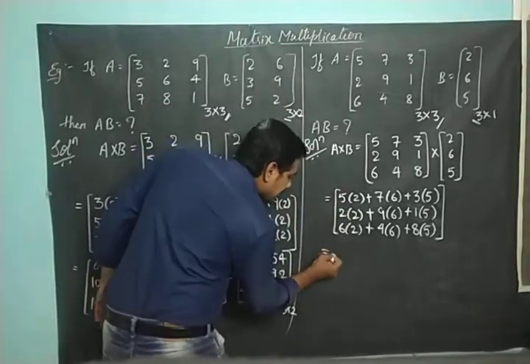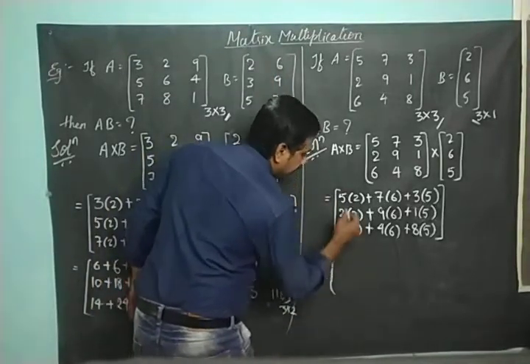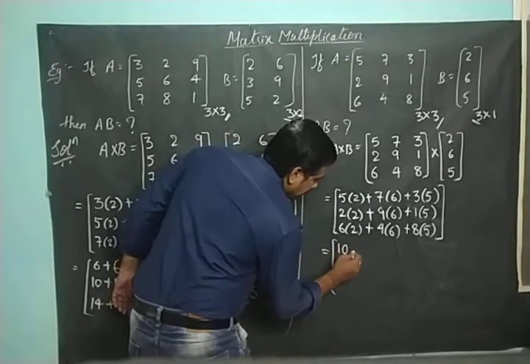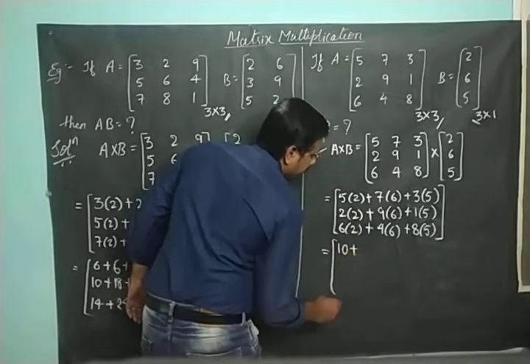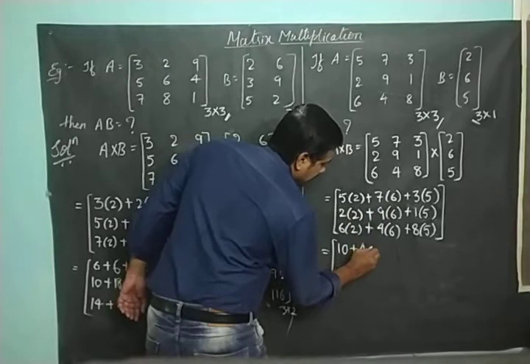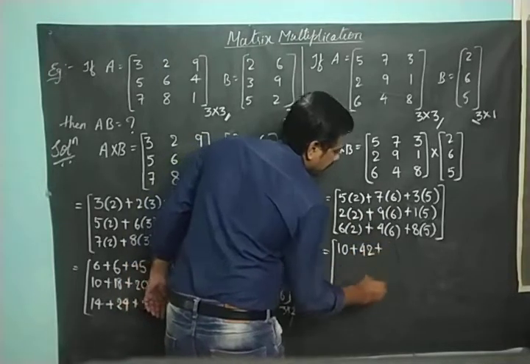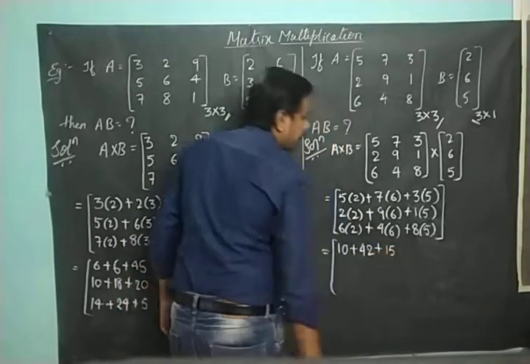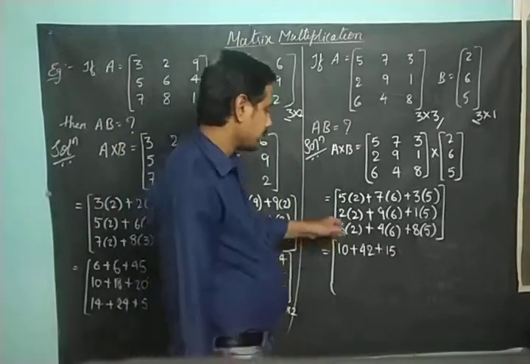Let us simplify this. Let us check out what do we get here. 5 into 2 is 10 plus 7 into 6 is 42 plus 3 into 5 is 15. Right?